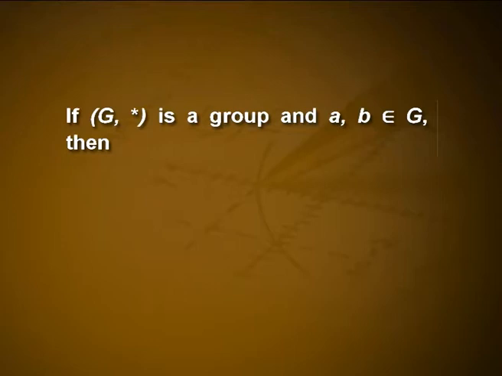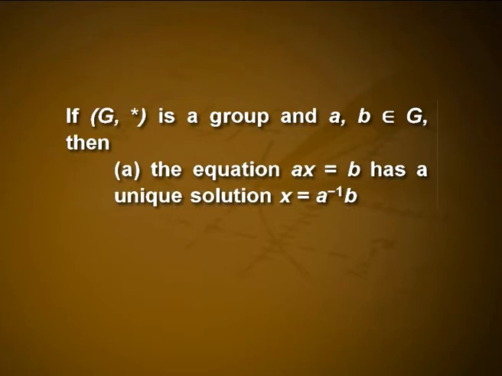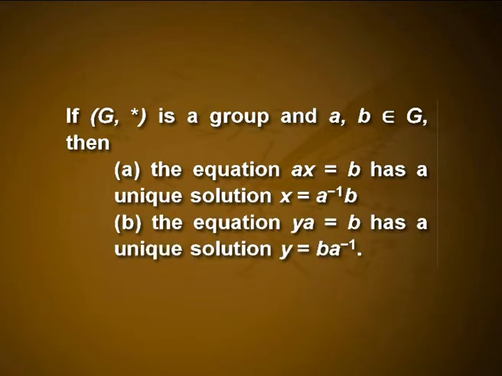Theorem. If (G, star) is a group and a and b are elements of G, then first, the equation ax is equal to b has a unique solution x is equal to a inverse b, and second, the equation ya is equal to b has a unique solution y equal to b a inverse. Proof. For the first one, suppose we have ax is equal to b.